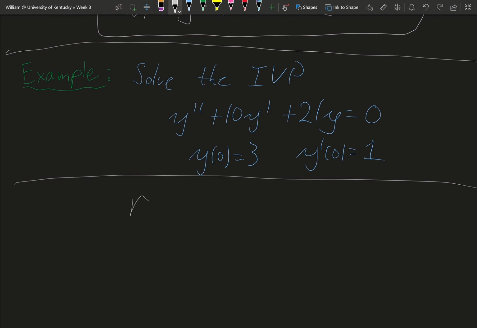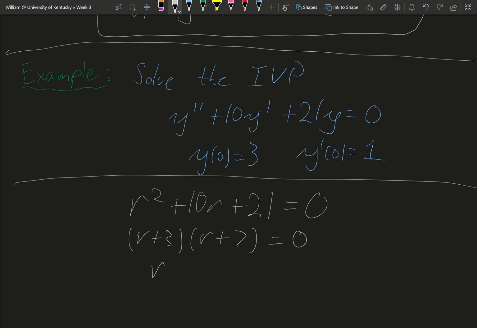So we can just use the characteristic equation again, r squared plus 10r plus 21 equals 0. Let's see if we can factor this. 7 times 3 is 21, that adds up to 10, so r plus 3 and r plus 7 equals 0.